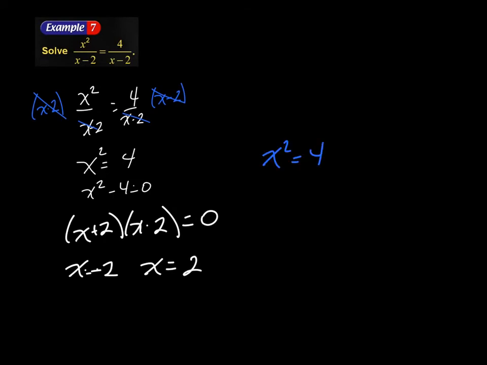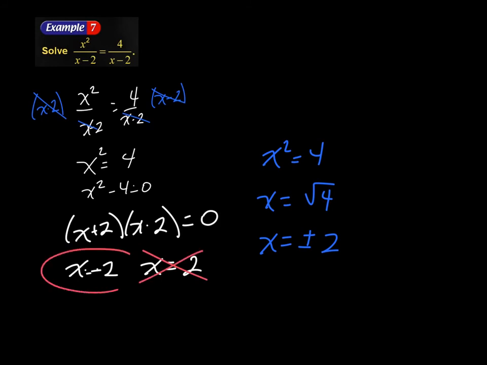Instead of factoring, you could have taken the square root of both sides, and the square root of 4 should be plus or minus 2 because negative 2 times negative 2 is also 4. The factor one is kind of nice because I can see easily when I substitute 2 back in, bad things happen. I get division by 0, it gets thrown out. So the only solution that's going to work is negative 2.